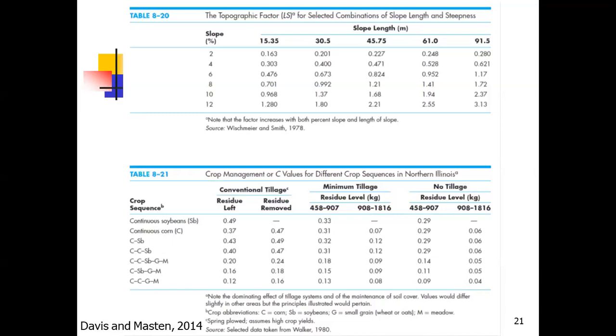And there is another point that needs to be remembered, and that is that many people think leaving the land fallow for one season is very important for allowing the soil to replenish itself. So these are crop management factors that are derived for different conditions in terms of plowing, in terms of residue management.